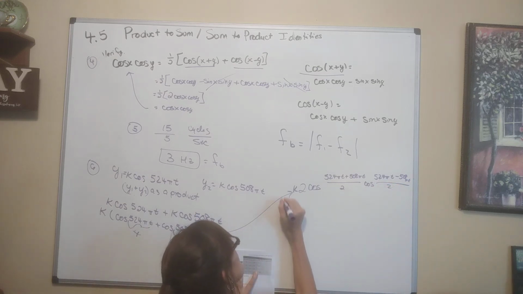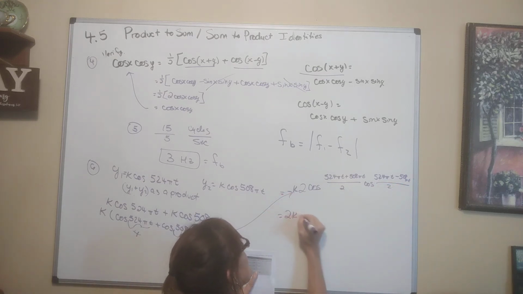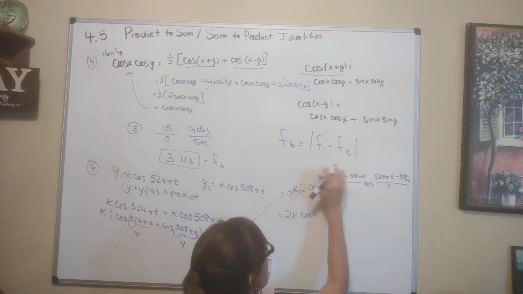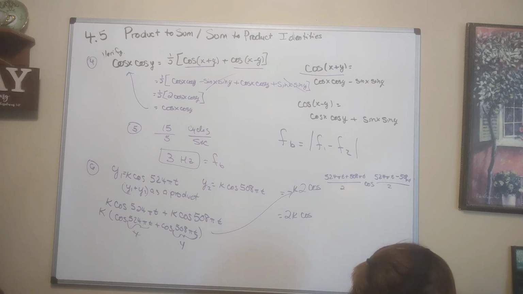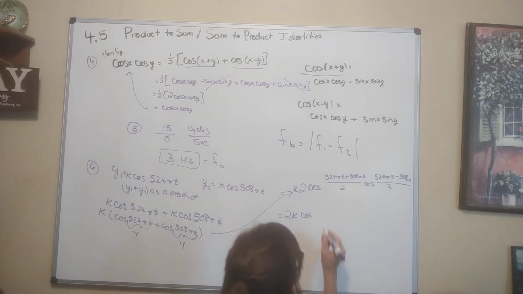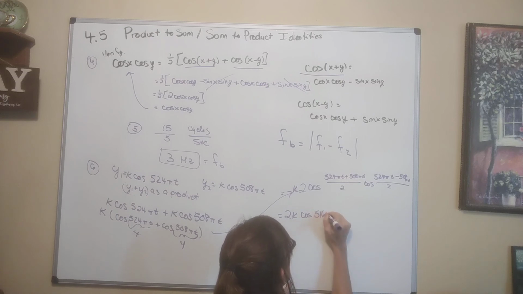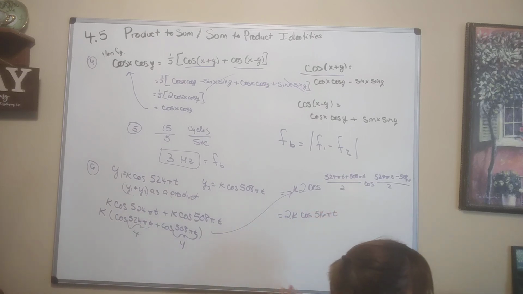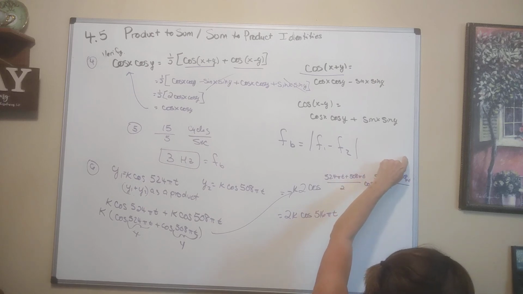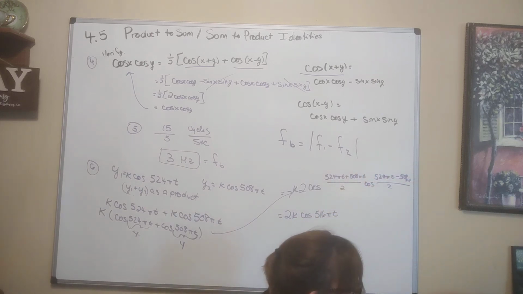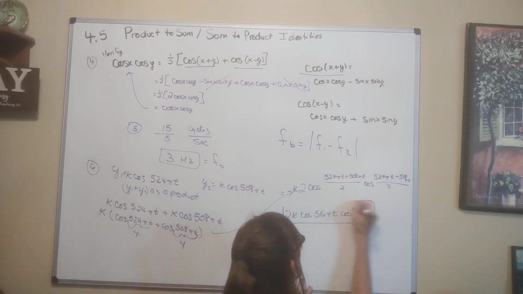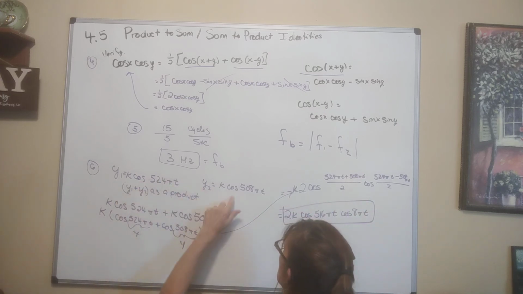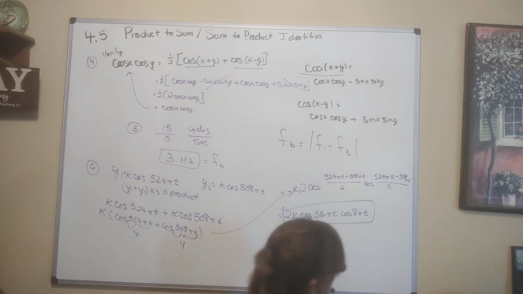This is equal to 2 times K times the cosine of, if I add those two together and divide by 2, I got 516 pi t. And if I took 524 minus 508 and divided by 2, I got 8, so times the cosine of 8 pi t. The first thing they asked us to do was write this sum as a product. So that's the answer to that.